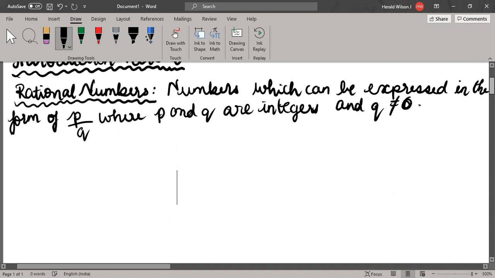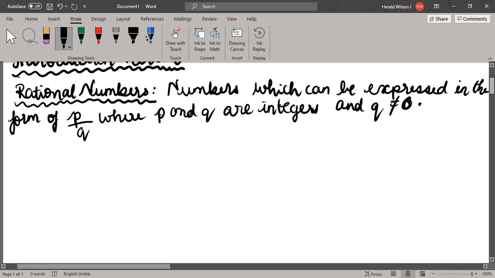This is your basic definition which you would have in your textbook as well, and your teachers probably would teach this at school as well. So what does this mean? Numbers which can be expressed in the form of P by Q, where P and Q are integers and Q does not equal 0.